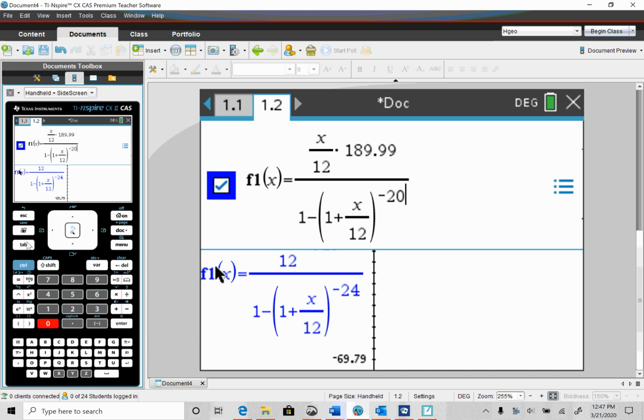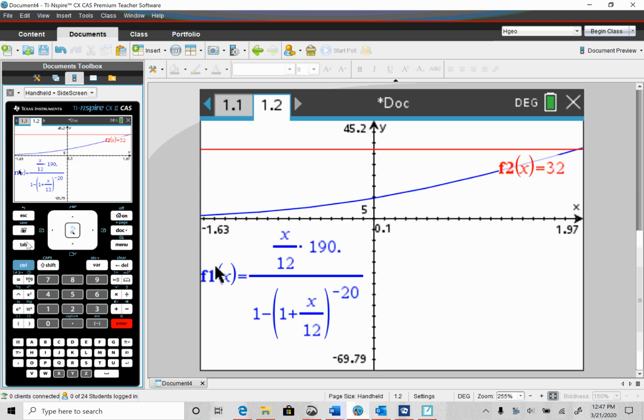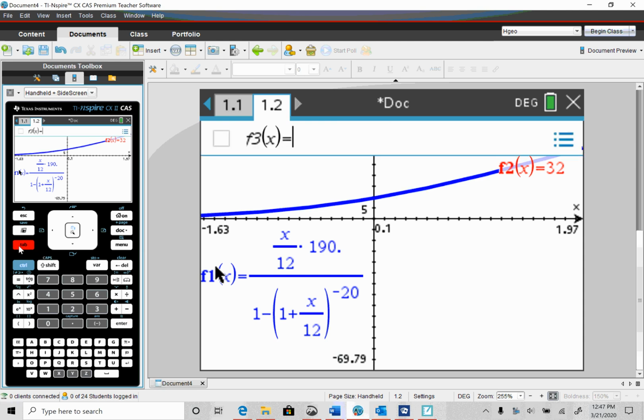And this is the same, 1 minus the quantity, 1 plus x over 12, but instead of to the negative 24th, it's the negative 20th. Hit enter. But again, go back to tab, up arrow. The regular payments now are 10.50. You understand you don't have to hit that last zero.